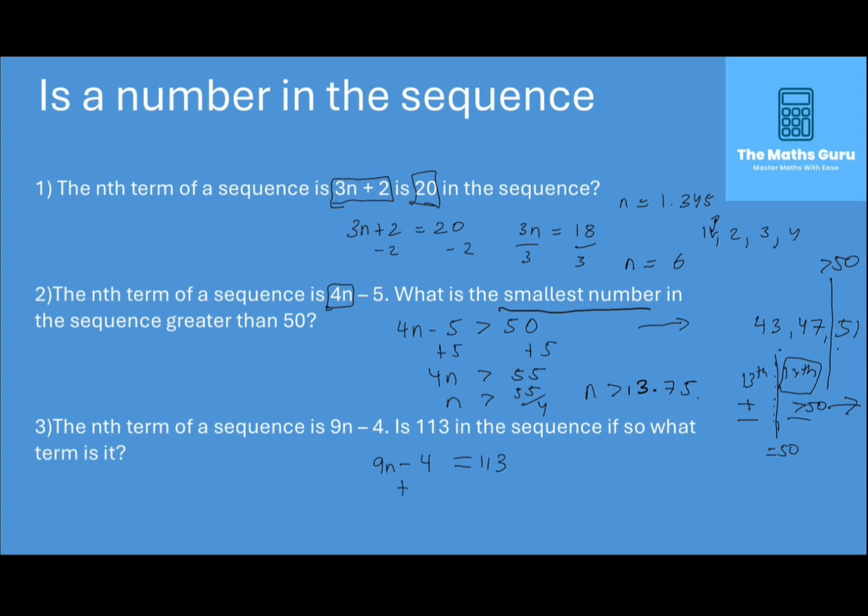So start off by plussing 4 to both sides, and we get 9n is equal to 117. Then divide both sides by 9, and we get n is equal to 117 divided by 9, which is 13, which means that 113 is in fact in our sequence, and it is the 13th term.